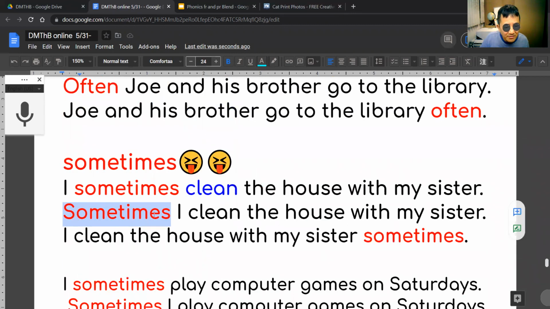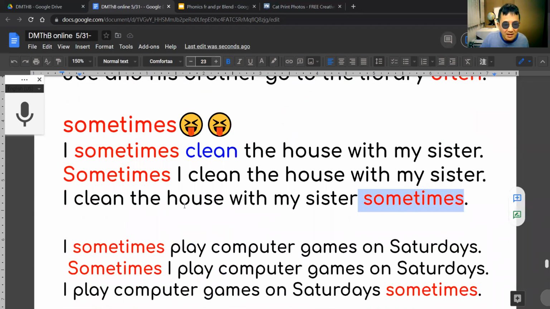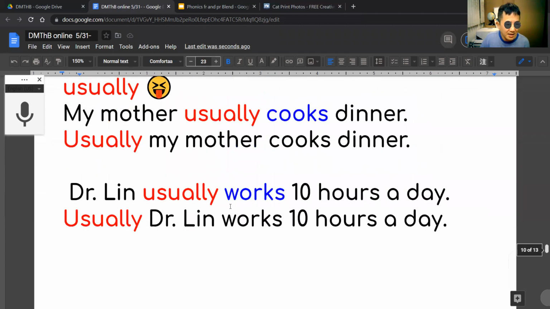It moves itself to the beginning. Sometimes I clean the house with my sister, and then it also moves itself to the end, like often. And it gives us, I clean the house with my sister sometimes, okay? So here are the exceptions, okay? The three exceptions, the three naughty exceptions.